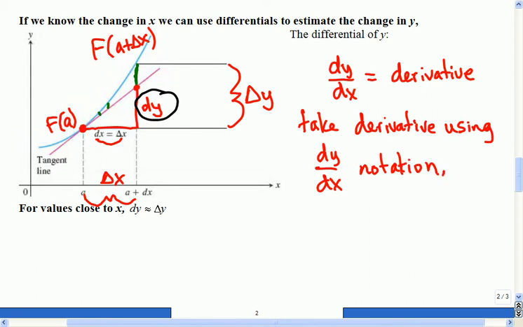And then we solve for dy. So let me show you how this would work on an example, and then I'll have you try a couple by yourself. But again, when we're talking about this differential dy, we're talking about an estimate for how much the function will change.